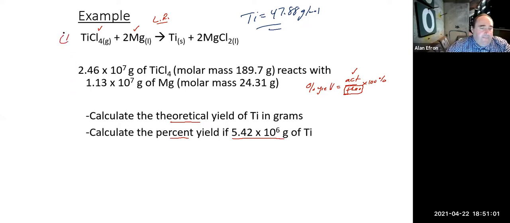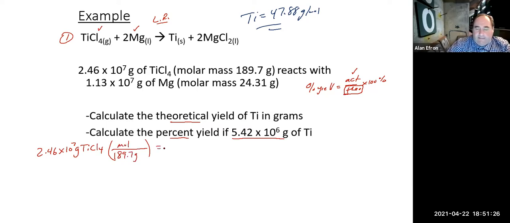First step is we have a balanced equation. Second step is let's convert these guys into moles. So starting with the TiCl4, they were nice enough to give us the molar mass there, which is 189.7 grams per mole.